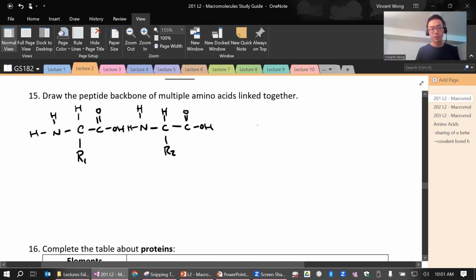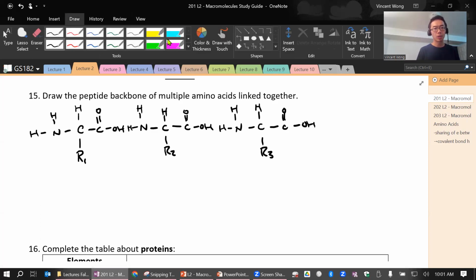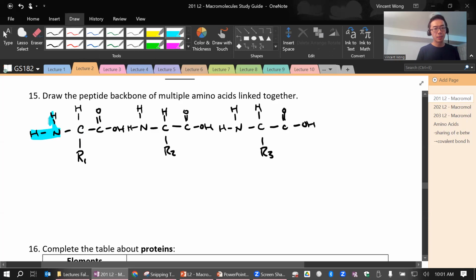And I'm going to put a third amino acid here. Now watch. This is the amino group, and this is the carboxyl group. And then here again we have the amino group and the carboxyl group, and then the amino group and the carboxyl group. It's just repeating itself.